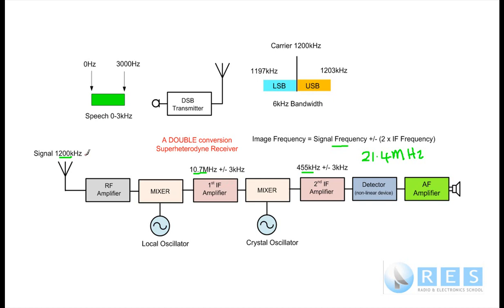Double conversion does away with the image interference problem altogether. The first oscillator is still how we change frequency. If we want to tune to a different frequency other than 1200 kilohertz, we would change the local oscillator. This oscillator is always converting 10.7 megahertz to 455 kilohertz. So this oscillator doesn't have to change frequency, so it would be a crystal oscillator.